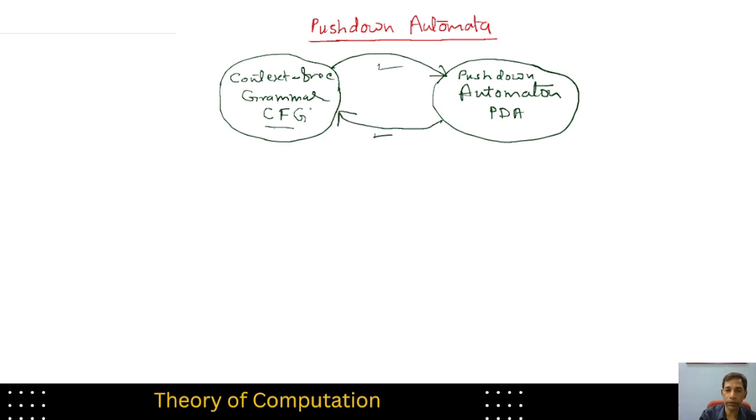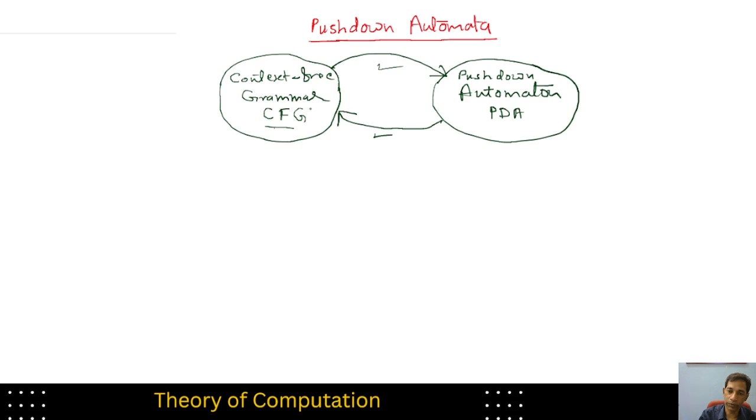Here our aim is this: if you are able to obtain the pushdown automaton corresponding to the context-free grammar, then the language accepted by the pushdown automaton and the language generated by the context-free grammar will be the same.